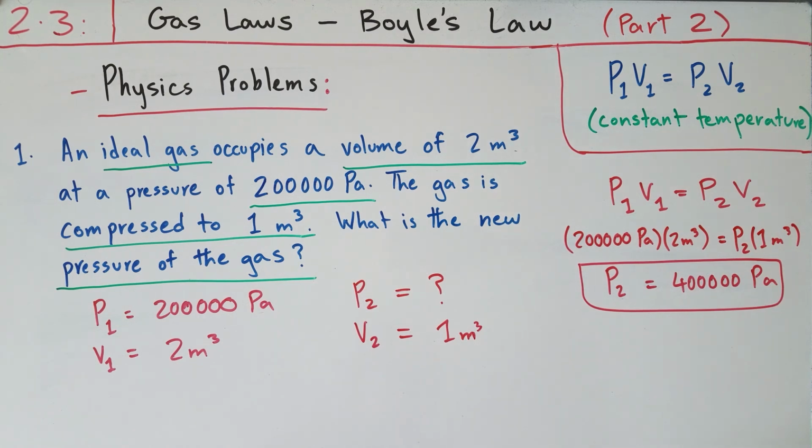After the compression, we found that the pressure was 400,000 Pascal, which is twice as much as the pressure before the compression. And the volume is not doubled, but in fact halved from the original volume. So we went from 2 cubic meters to 1 cubic meter, whereas the pressure doubled from 200,000 Pascal to 400,000 Pascal.